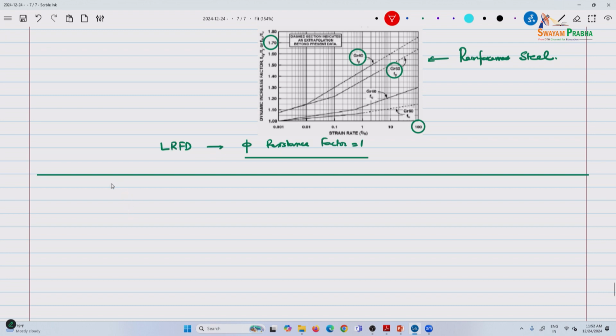One is damping. So structural damping, does it play any part?